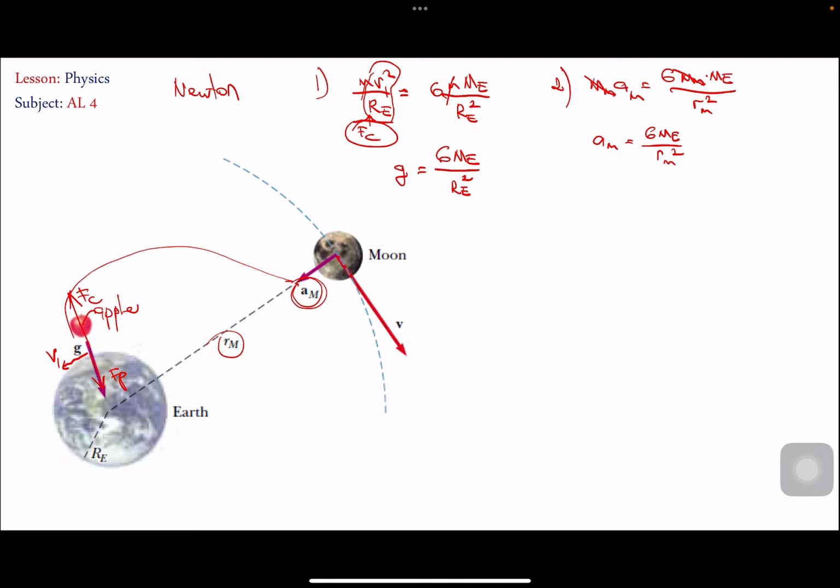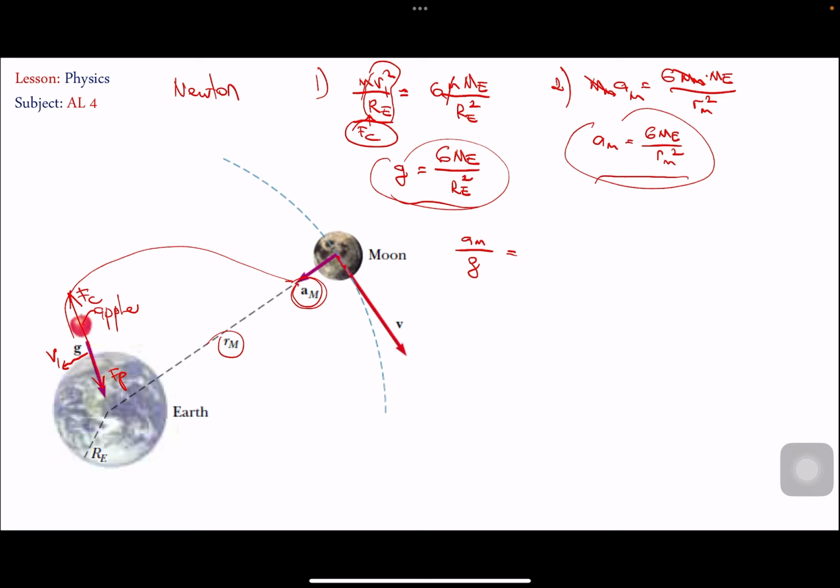So if I divide both equations, what will I have? I will divide the second one by the first, so the centripetal acceleration of Moon over the gravity. First of all, I divide the left side and the right side, of course.